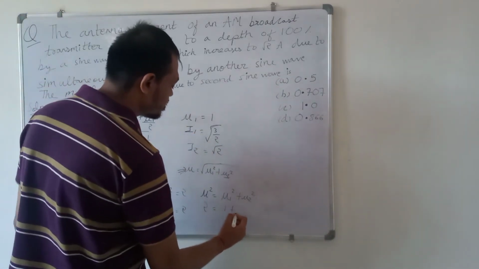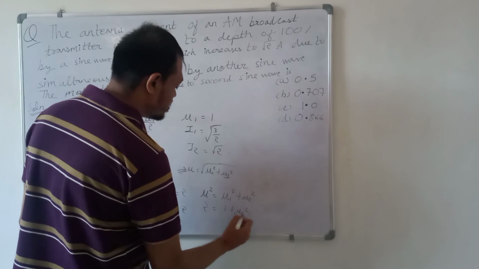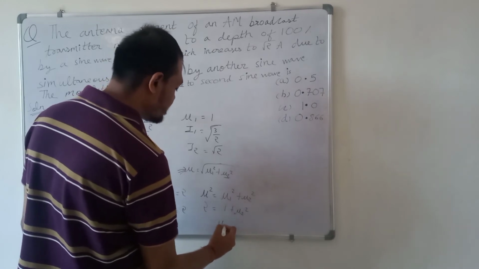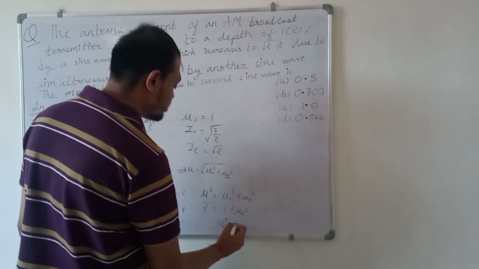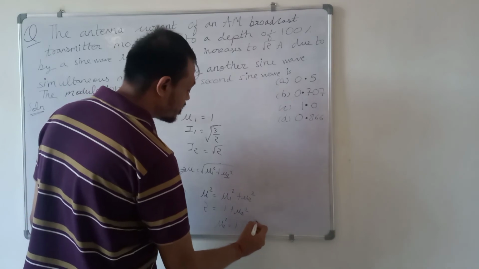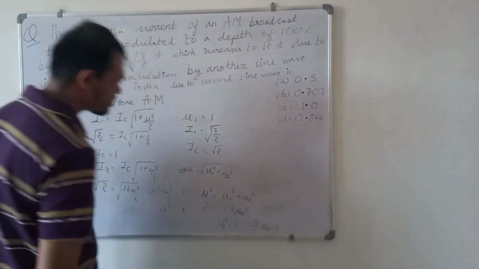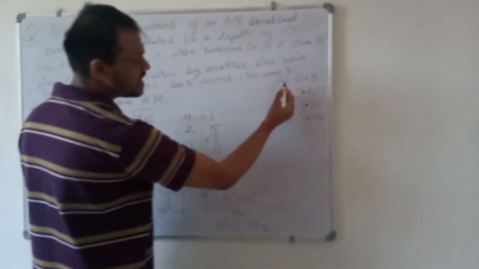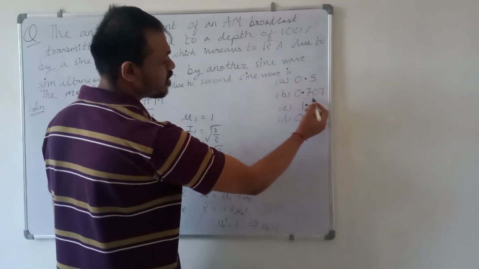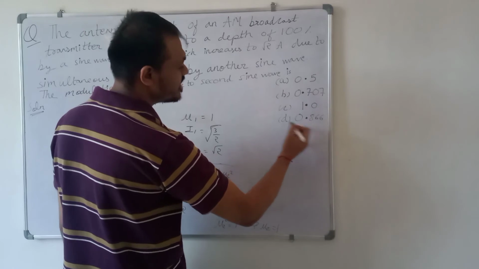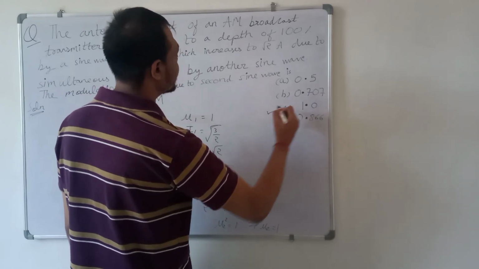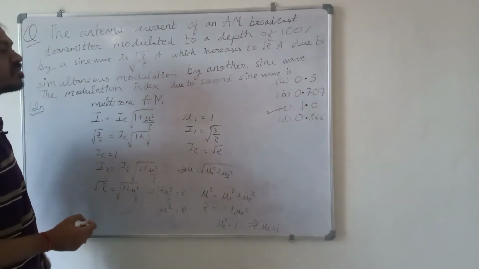From this, mu2 square is 1 and mu2 is also 1. So the correct option is C, 1.0. The options were A 0.5, B 0.707, C 1.0, D 0.866.